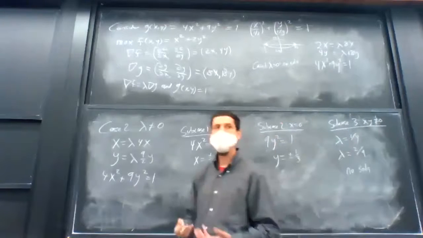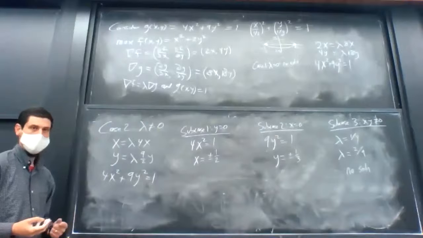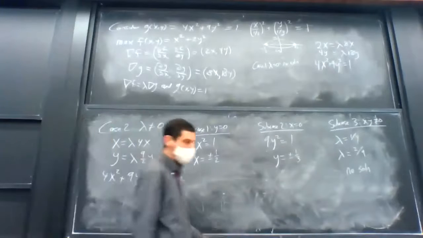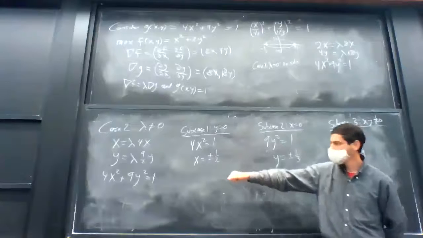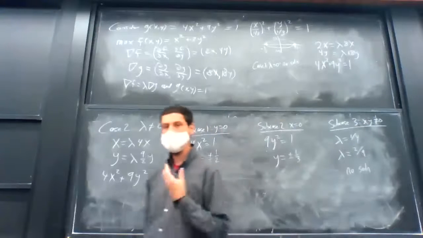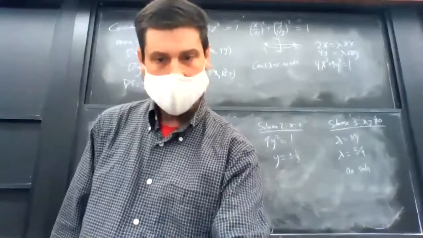So again, see how we broke it up into lots of cases. We first did case 1, lambda is 0, and we dispatched that. And for the second one, we had some algebra to do. We had a lot of cases here. I would much rather do a lot of easy problems than one hard problem.